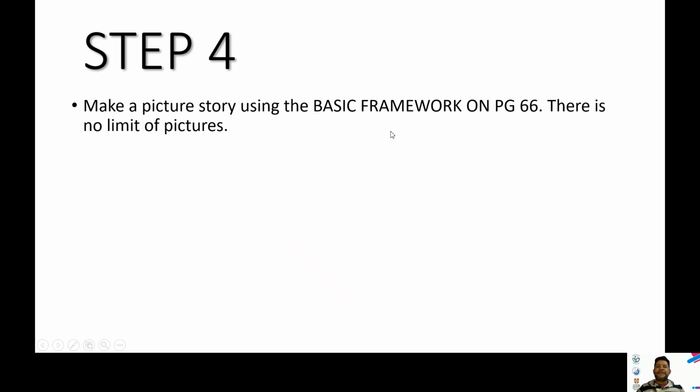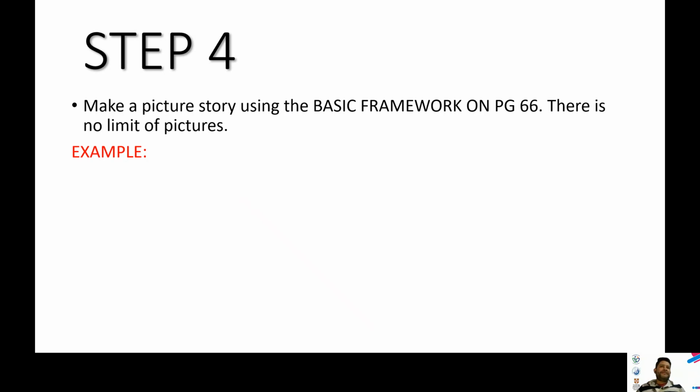Using the basic framework information on page 66, guys, you're going to use that information and you look in the internet, pictures connected, and you create a picture story about the basic information. There is no limit of pictures, guys, so you can use the pictures as you consider necessary, so you can do it.